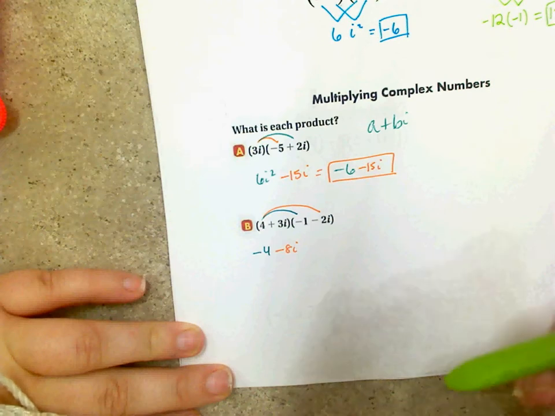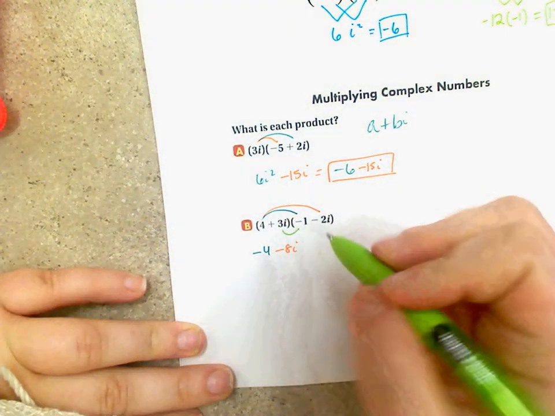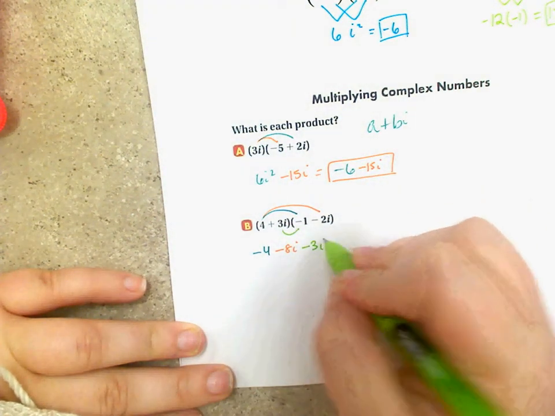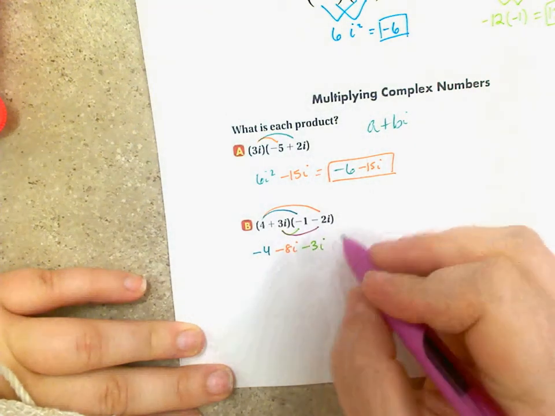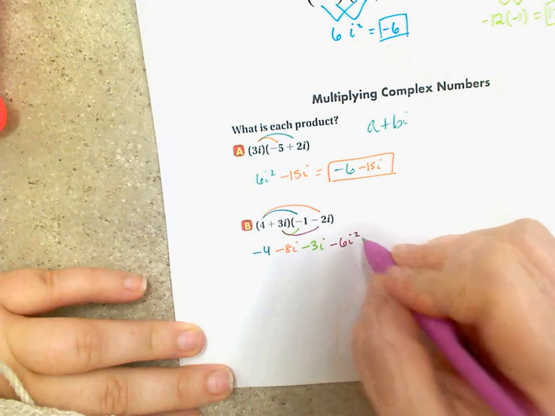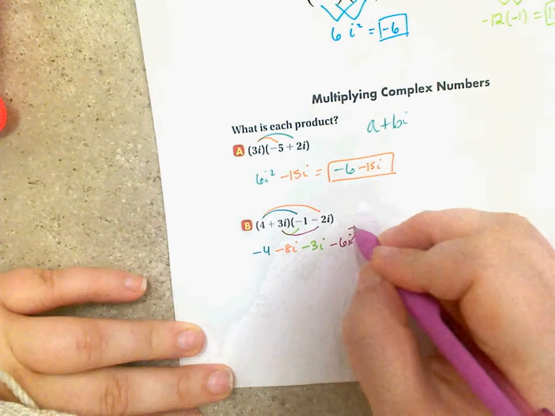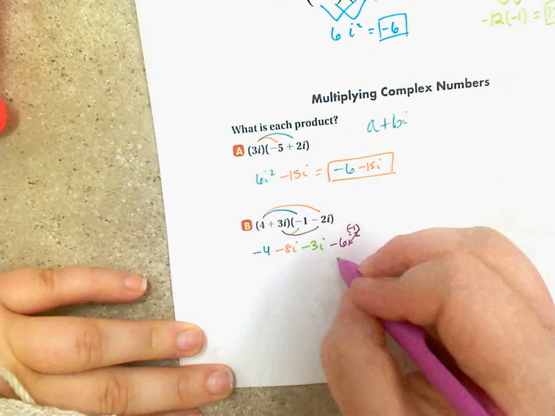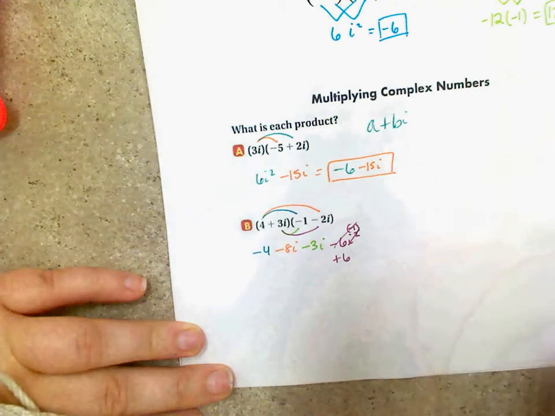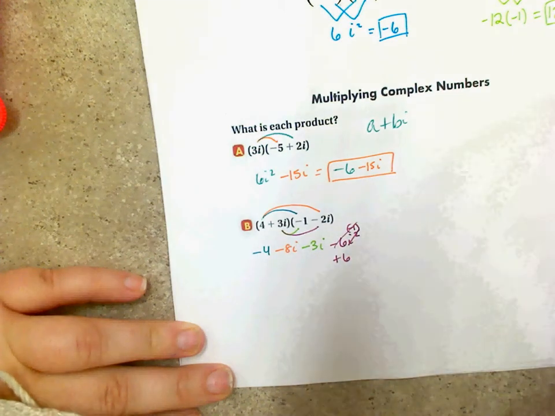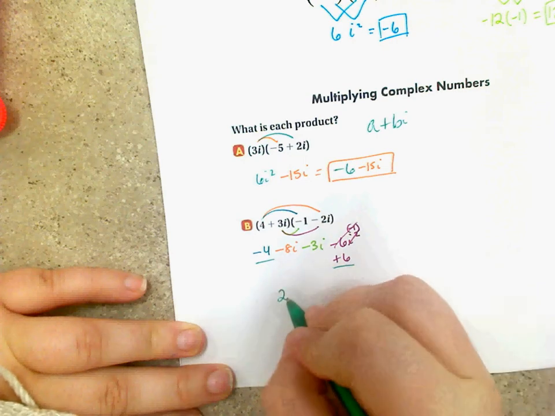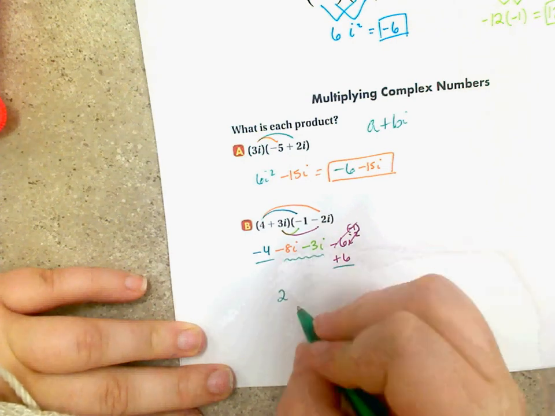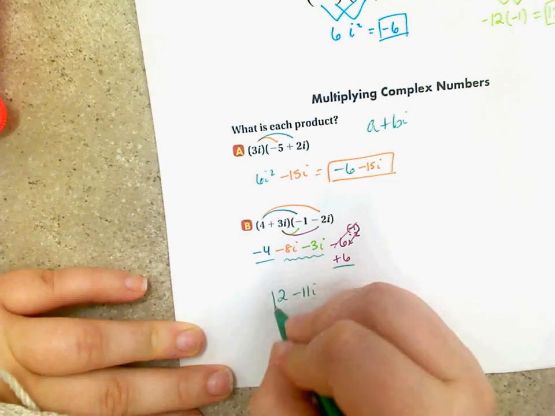And then we distribute 3i. 3 times negative 1 is a negative 3i. And 3i times a negative 2i is a negative 6i squared, which is just negative 6 times negative 1, which is positive 6. So now we combine like terms. Real with real, negative 4 plus 6 is a positive 2, and imaginary with imaginary, so negative 11i. And there you go.